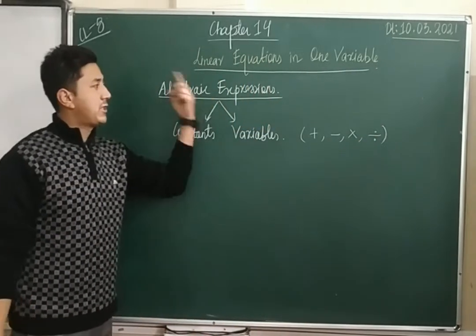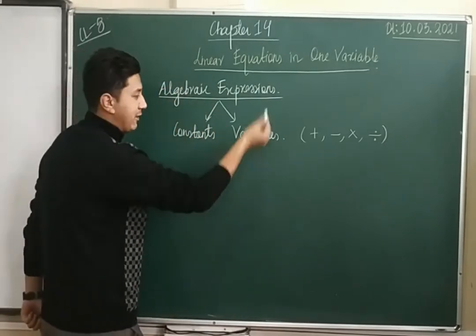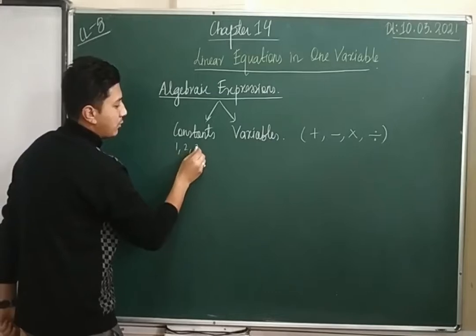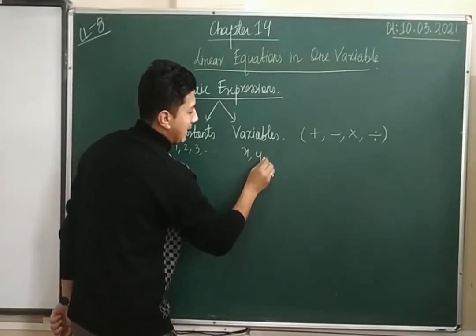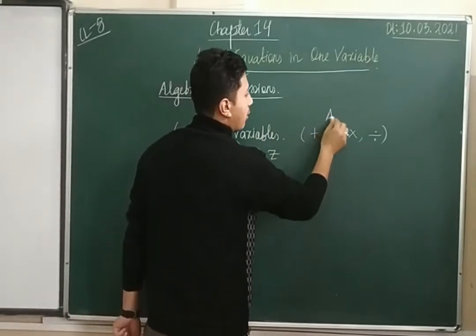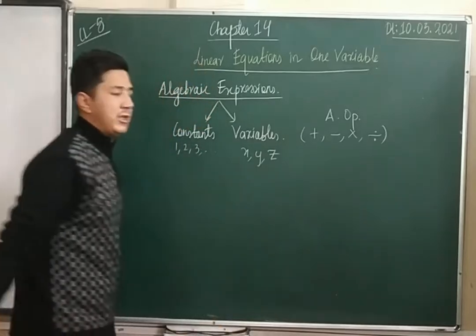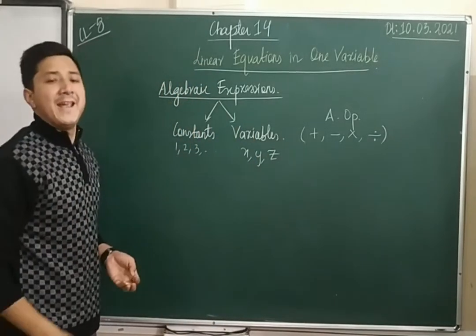Constants means 1, 2, 3, all these numbers. Variables means x, y, z and so on, and these are called the algebraic operations. So a combination of these three gives us algebraic expressions.